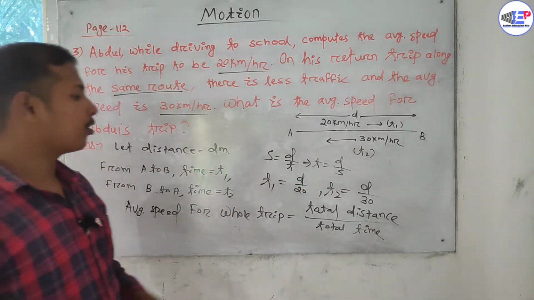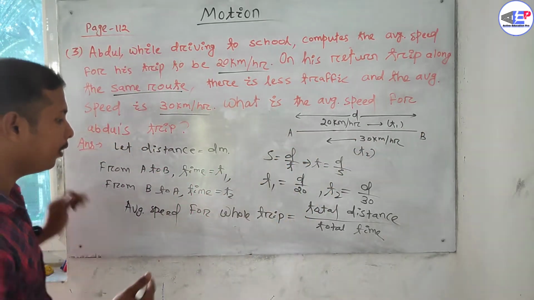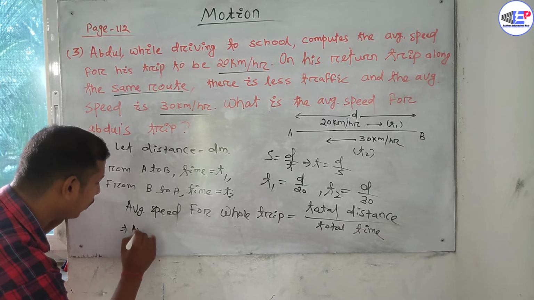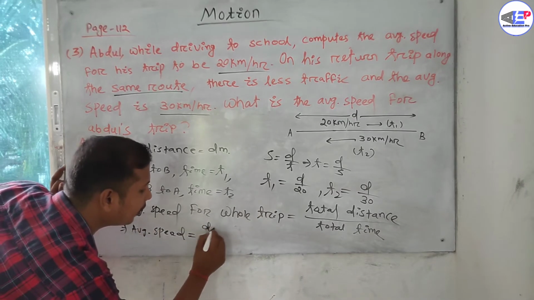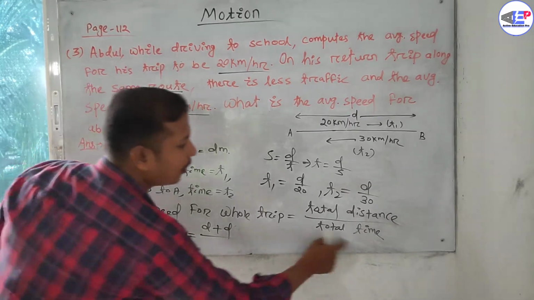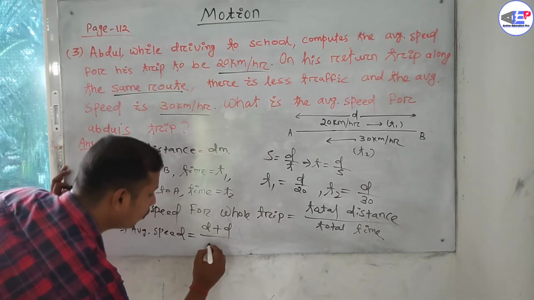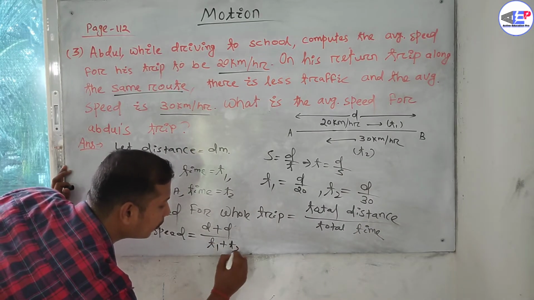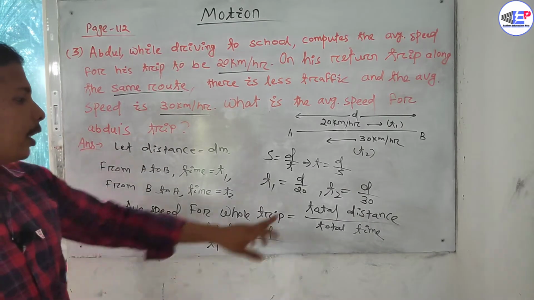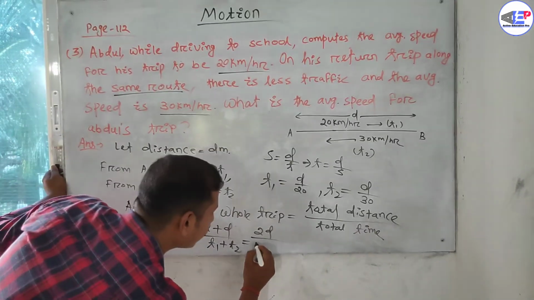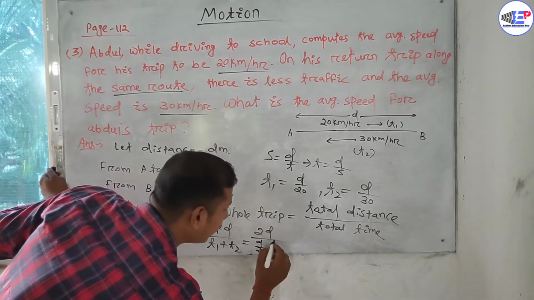Here total distance will be d plus d, which is 2d, and total time will be t1 plus t2. Here t1 is d by 20 plus t2 is d by 30.